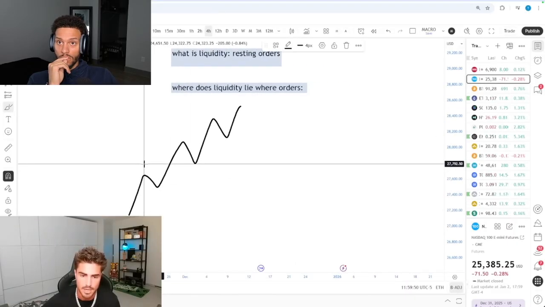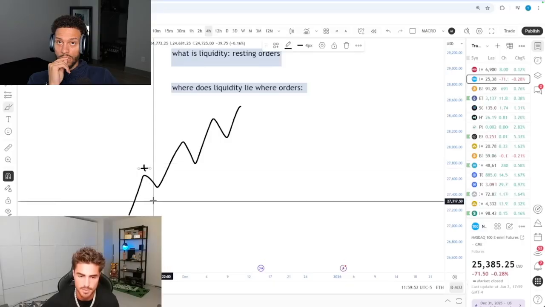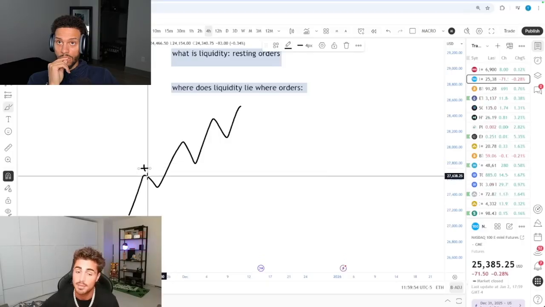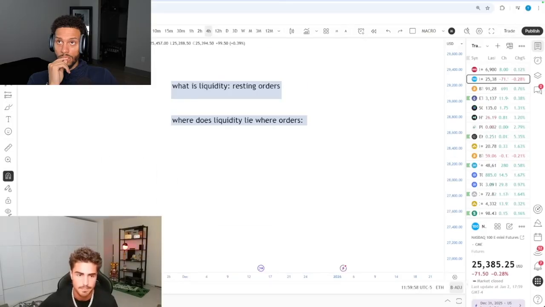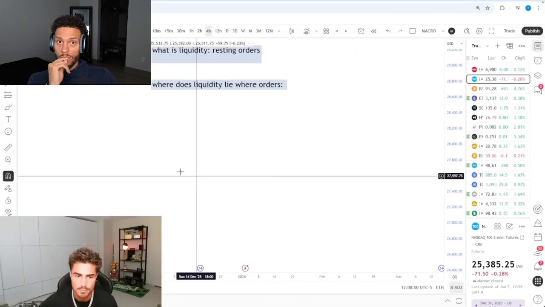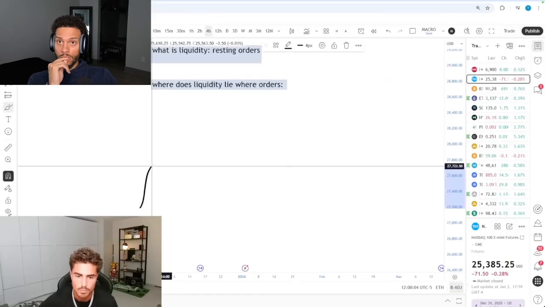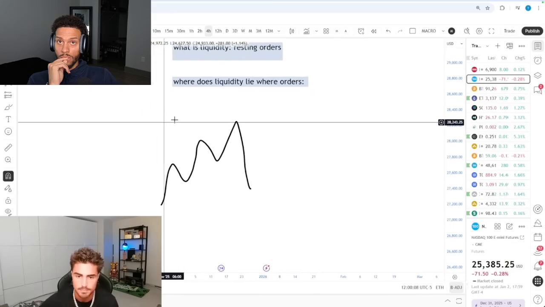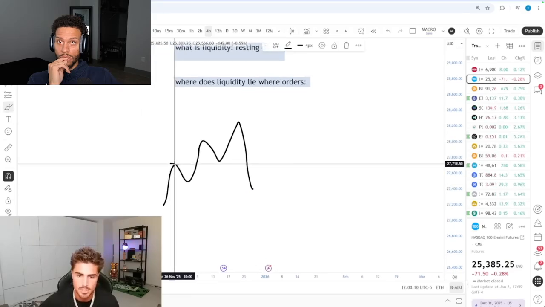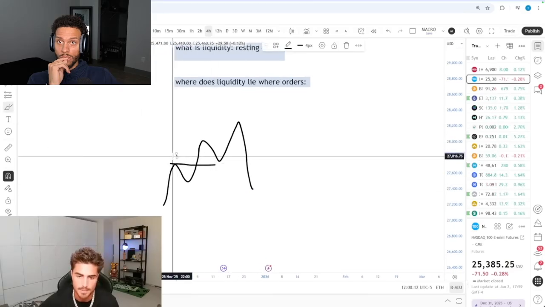There are people that are going to be pressing buy when we push above these highs. And then there are also people, here, let me redraw this real quick. Okay, this is good. When we push above highs, there are people pressing buy.